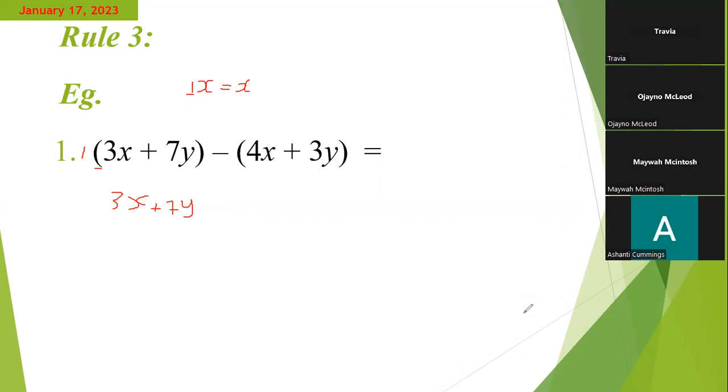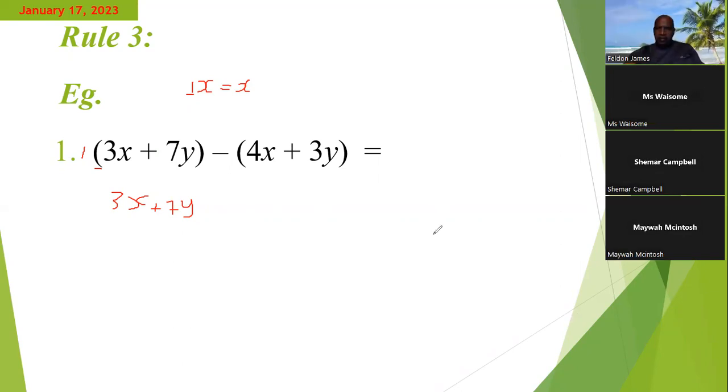All right, Miss Maywa, how do we go about removing the second bracket? Sir, we're going to put back the takeaway sign and put 4x plus 3y.